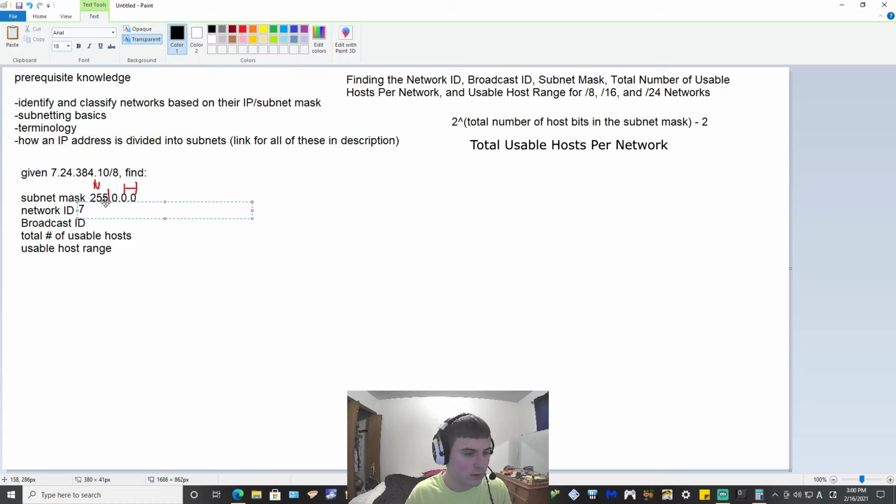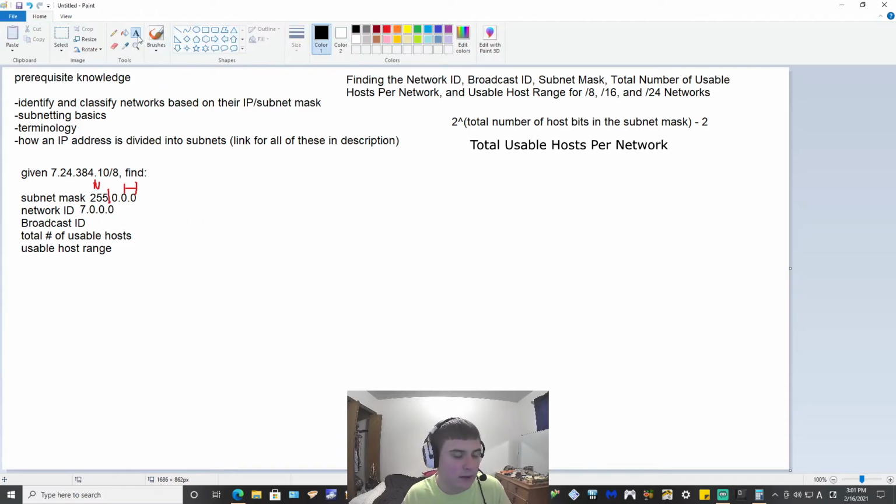Since we're working with a /8 network, we can just set the rest of the digits to 0 in our network ID. Because in the second octet there's a 0 in the subnet mask, we put a 0 in the network ID. Same thing in the third octet, and same thing with the fourth.